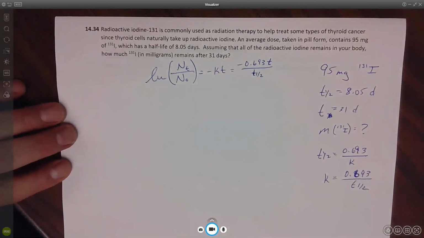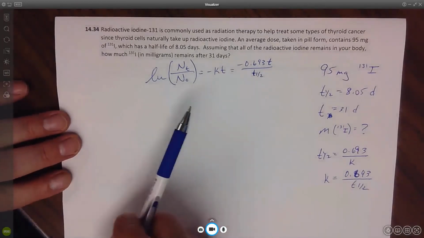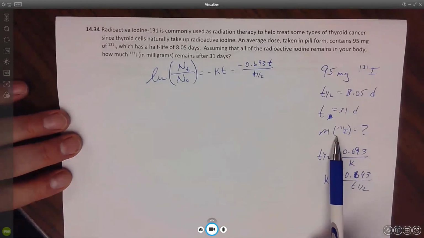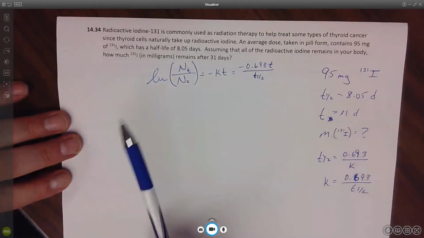Okay, everybody see that? Now what are we solving for again? We want the mass of iodine 131. So what are we solving for in this equation?